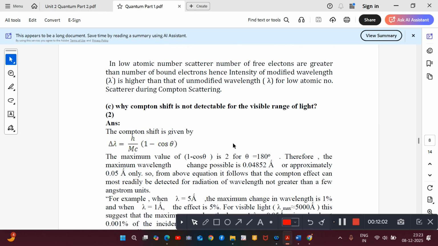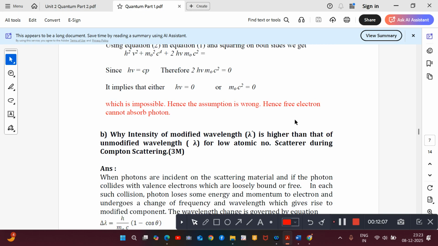Now here, these are two main things: why is the intensity of modified wavelength higher than that of the unmodified for low atomic number scatterers during the Compton scattering.